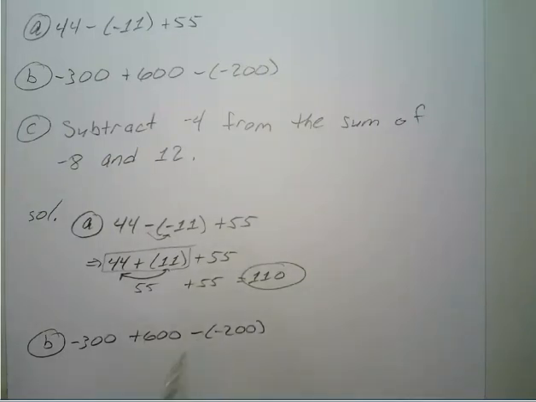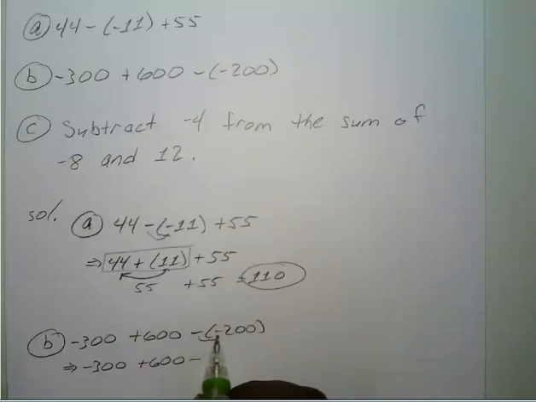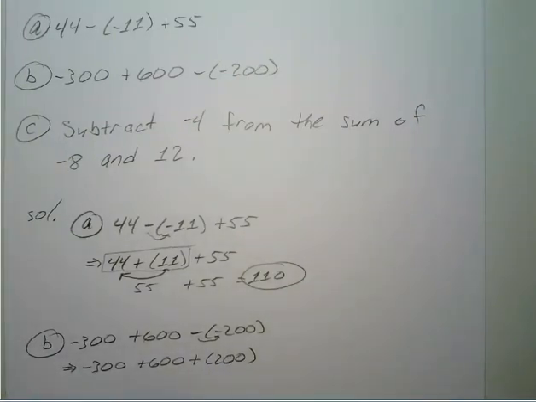We want to get rid of that minus sign. So we have negative 300 plus 600 minus, and we change the sign of what's to the immediate right. So that negative 200, that becomes plus positive 200. Okay, remember, we change the sign from minus to plus, then we change the sign of whatever's to the immediate right.